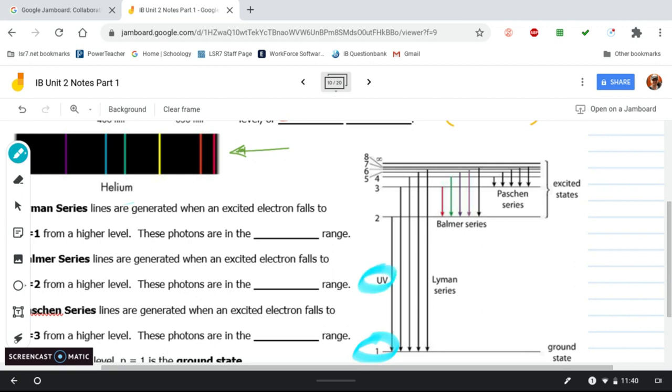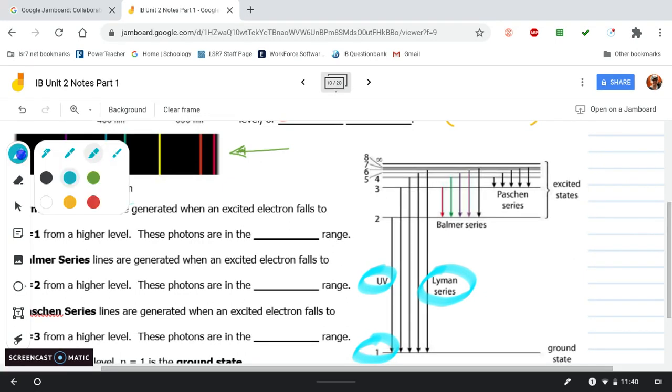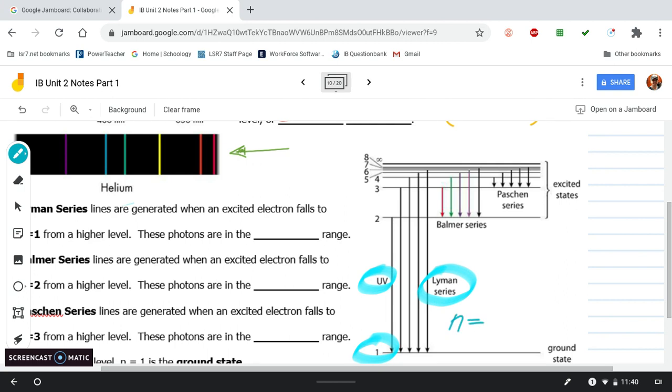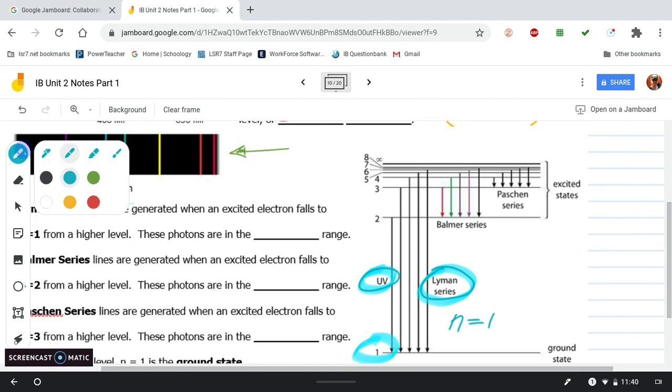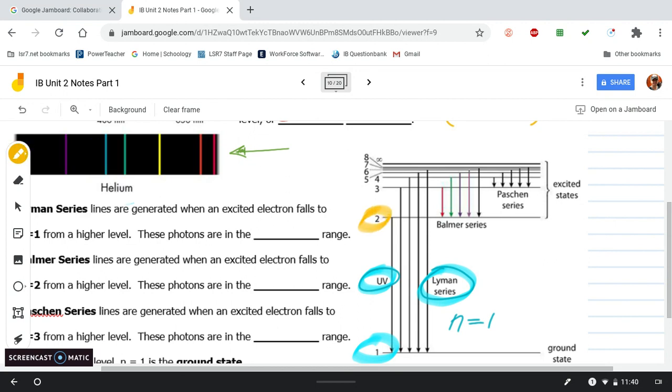That's the UV or the Lyman series. So if you start somewhere and you end up in n equals 1, then the energy given off is going to be UV energy, and we call that the Lyman series, right?